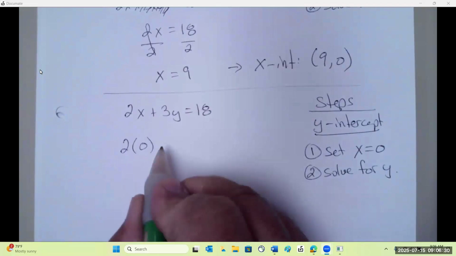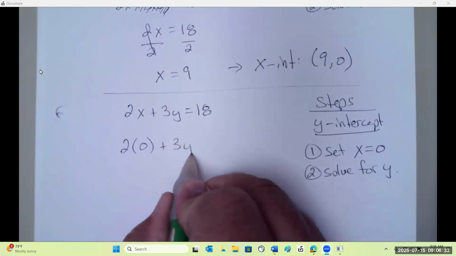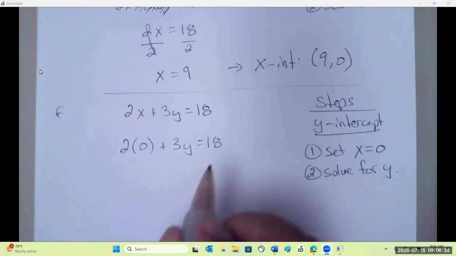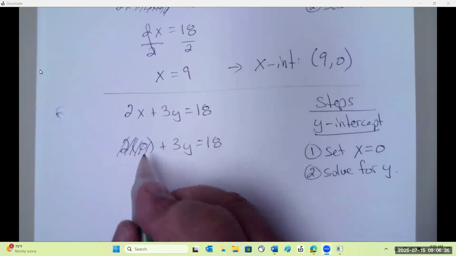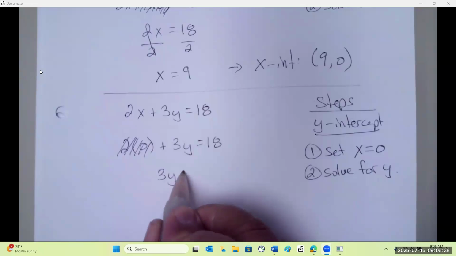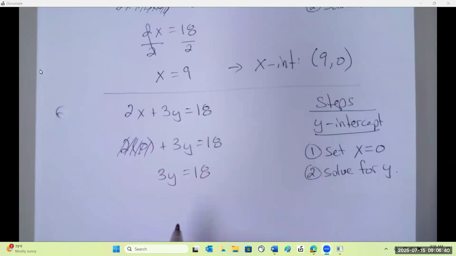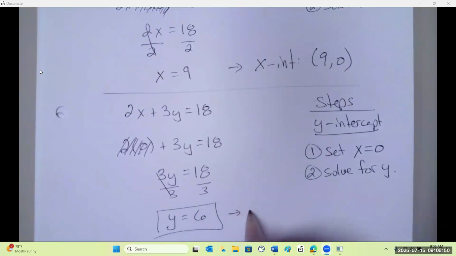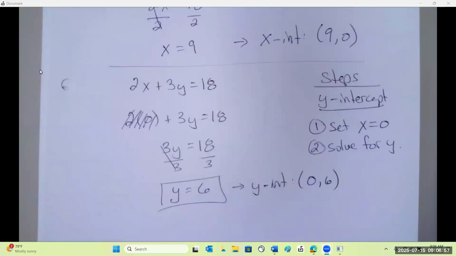So put x equal to 0. 2 times 0 is 0, so that's gone. So I have 3y equals 18. Divide both sides by 3. So my y-intercept is at 0, 6.